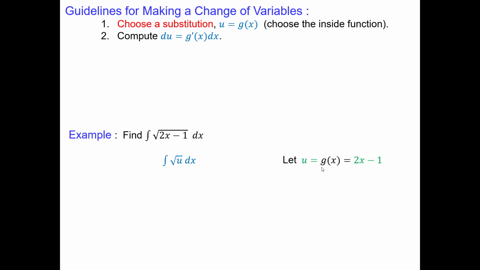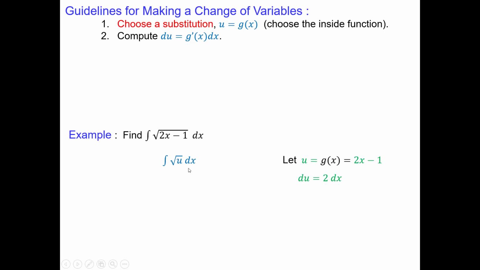So the next thing we do is we find du, which is the derivative of u. Well, notice derivative of u is the same thing as finding g prime of x. So notice that du is going to be 2 times dx. So du is always going to be in terms of dx.